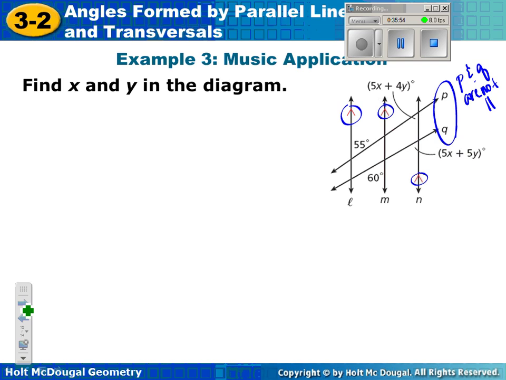Okay, are you guys with me? This is what it's going to be like on your homework, so this is important that you are understanding here. What do you see as a relationship looking at your parallel lines, any parallel lines, and a transversal? So what would be the equation I would write down?